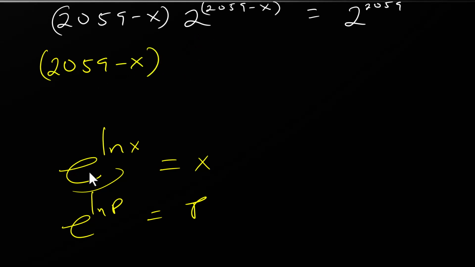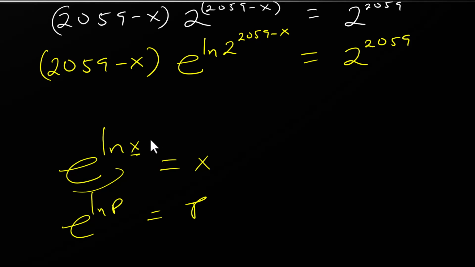So instead of 2, I'll make it e to the ln of 2, raised to 2059 minus x equals 2 raised to 2059. Okay, why are we doing this? Because we want to take the W function. Okay, all right, so we can rewrite this one as 2059 minus x.